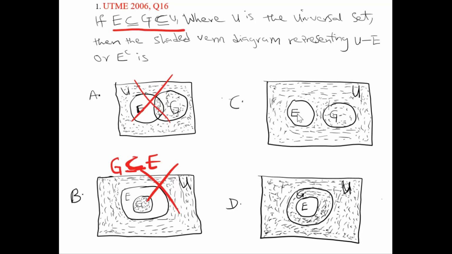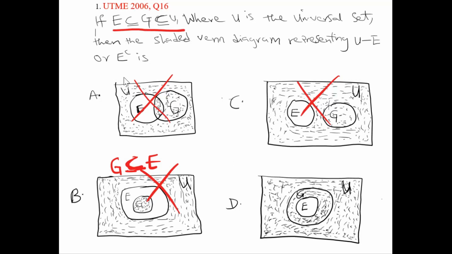Then option C, E is disjoint. It's not a subset. So this one will go. Option D, we have that E is a subset of G, and G is a subset of the U, which is the universal set. Right.